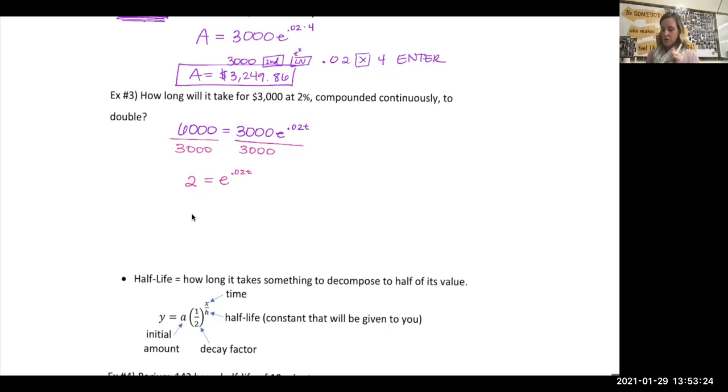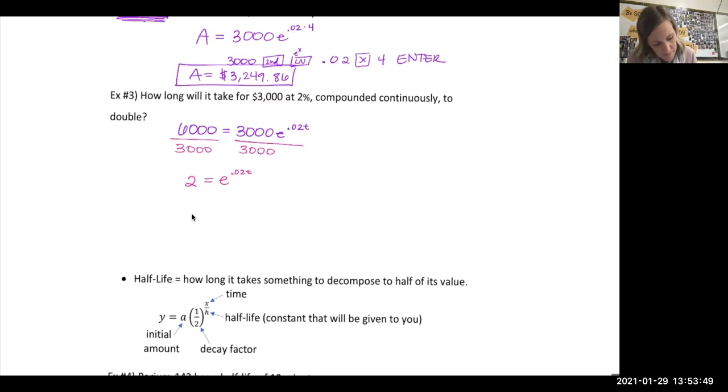Okay, now here are your options. You can guess and check, which some people like better, or you can plug it into your calculator, which others like better. I'm going to show you both. You can choose. Okay, so if I'm going to guess and check, we're going to say, okay, well, how long do I think it would take compounded continuously to double? Okay, so you kind of just have to pick a place to start. Maybe it would be 20 years.